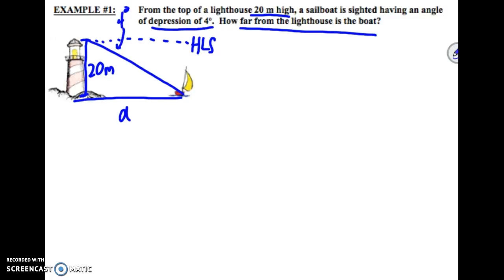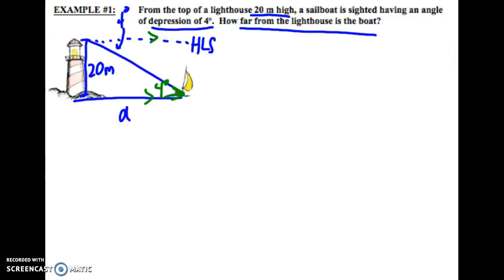Using knowledge from geometry, if we have two parallel lines, the horizontal line of sight and the line of the ground, those two are parallel. If we have alternate interior angles, they're congruent. They're both the same thing. So the measure of the angle by the sailboat is 4 degrees.